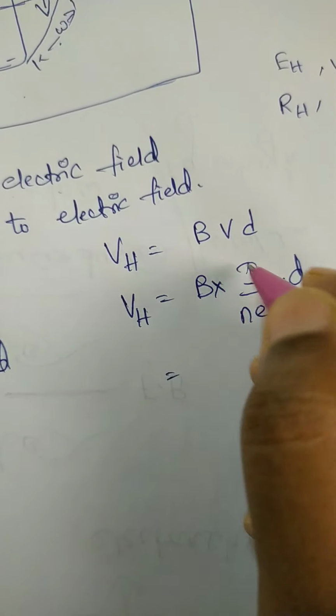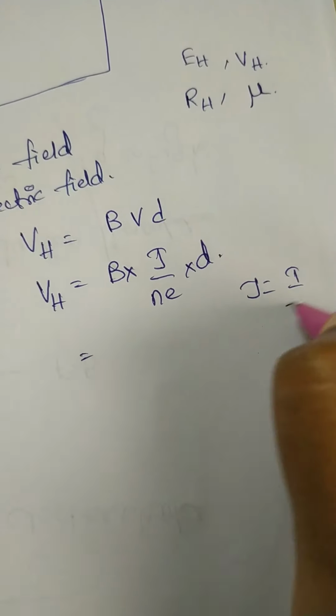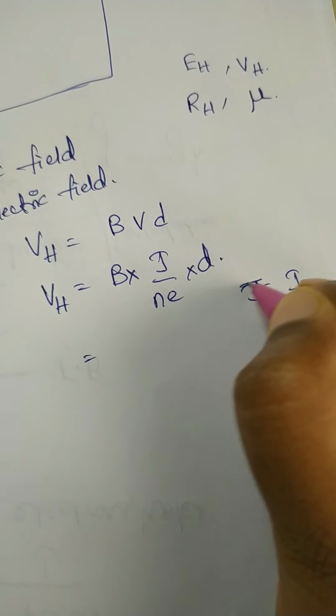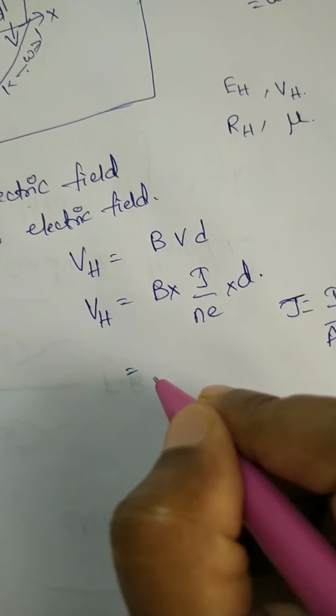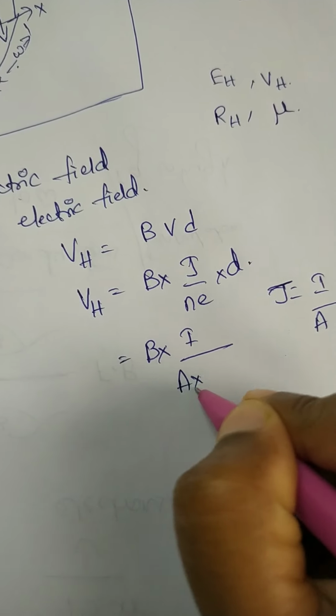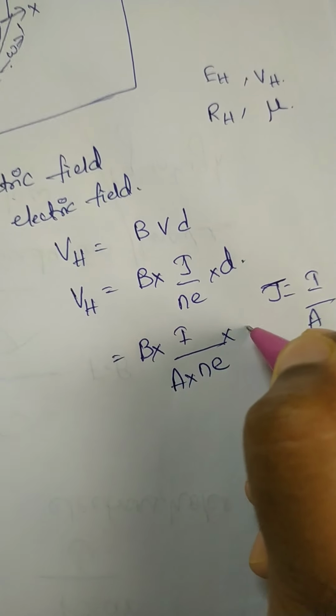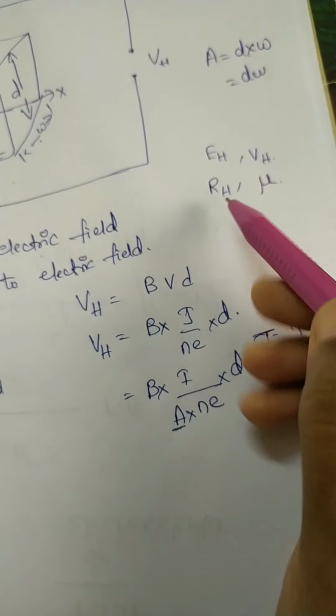What is the formula for J? J is equal to I by A. Then VH equals B into I by A into ne into d. Here A means the area, so A equals dW.